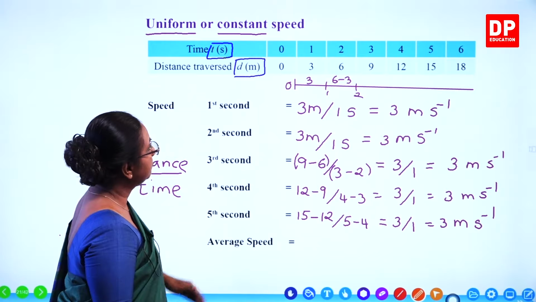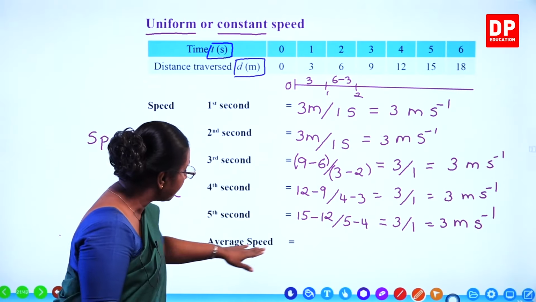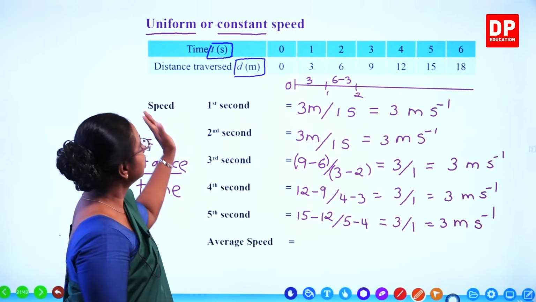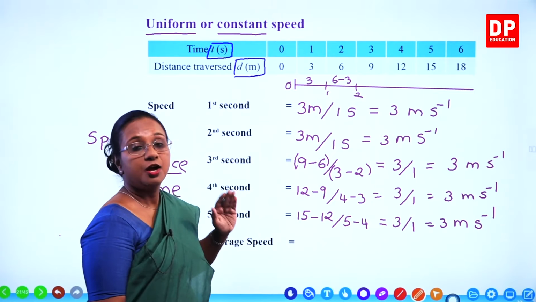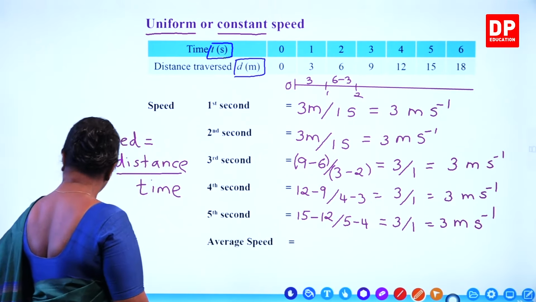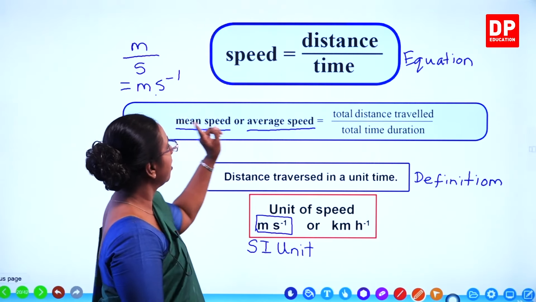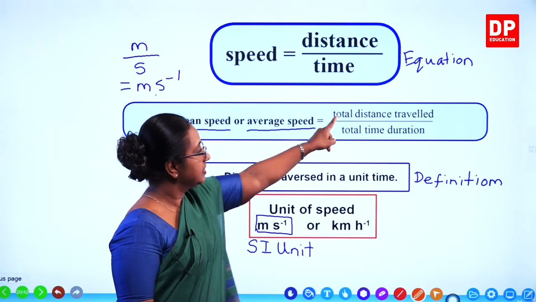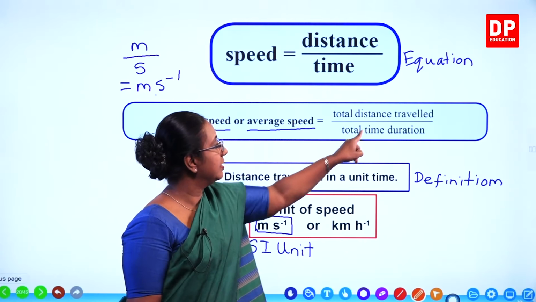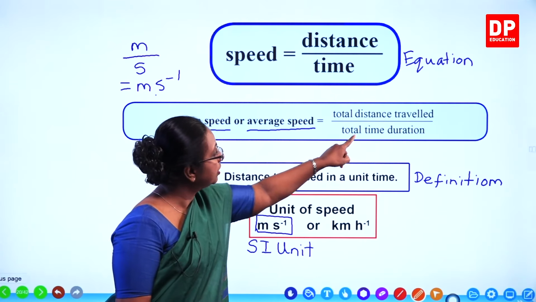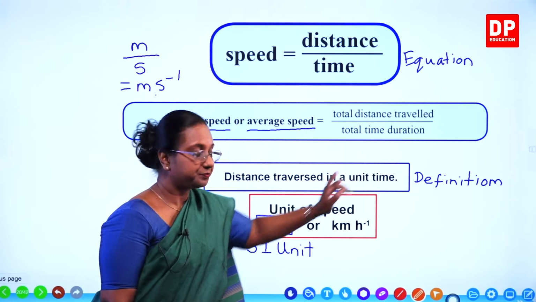At the same time, we can calculate the average speed for this motion. If you remember from the previous equation, mean speed or average speed is the total distance travelled divided by the total time duration.